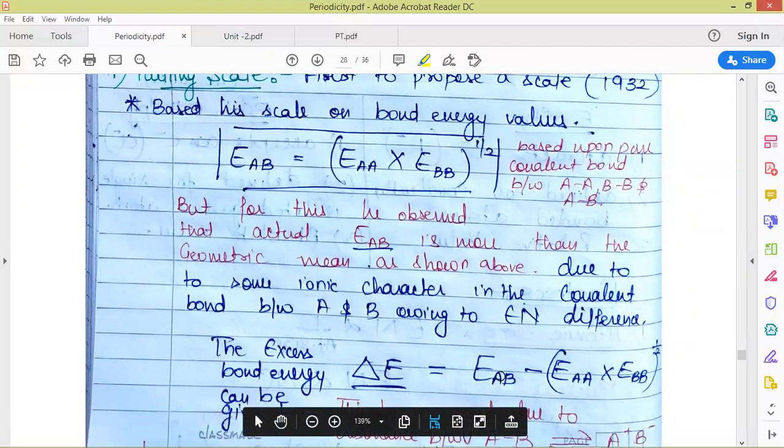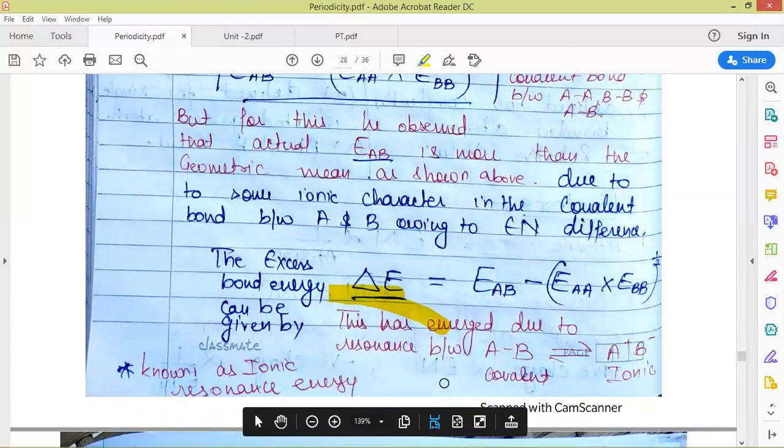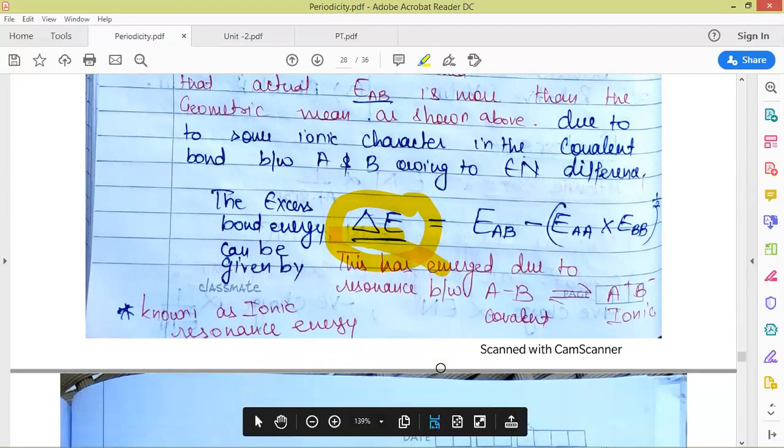The difference between E_AB and the geometric mean was calculated and represented as delta E. This difference has emerged because of resonance between the AB covalent bond and the AB ionic bond, so it is also known as ionic resonance energy.